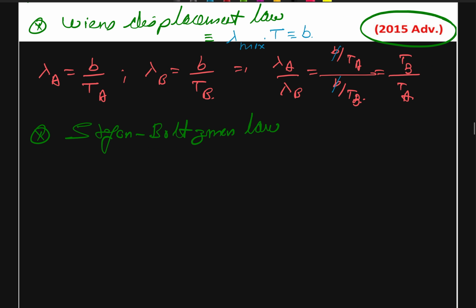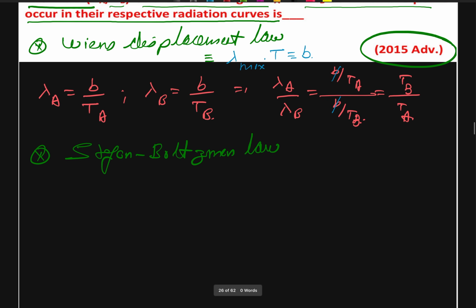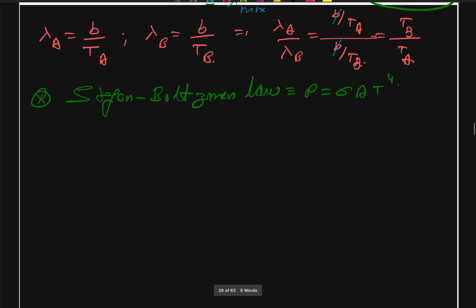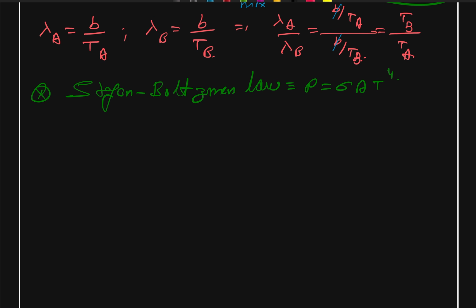Stefan-Boltzmann law gives us that the power is equal to sigma A T raised to power 4. Sigma is the Stefan-Boltzmann constant, A is the surface area, and T is the surface temperature. For our surface area, we can write that the area is equal to 4 pi r square.